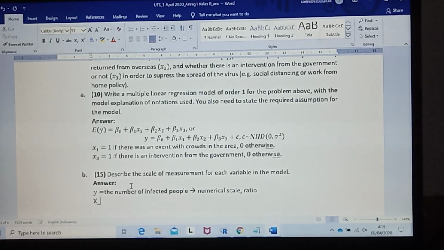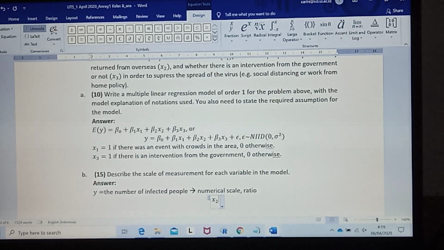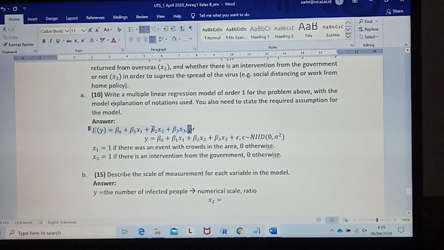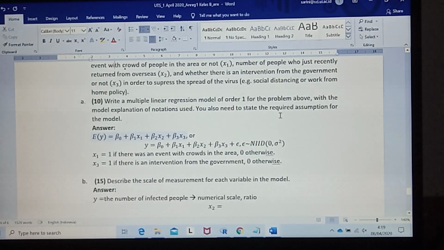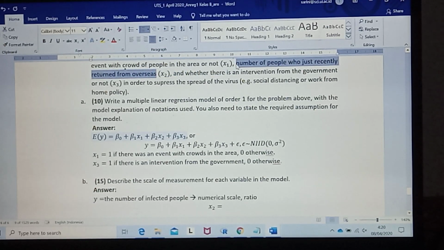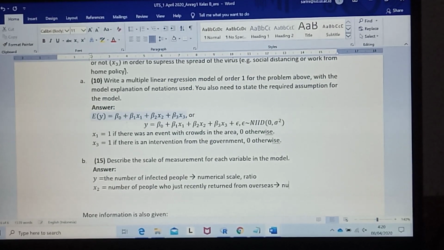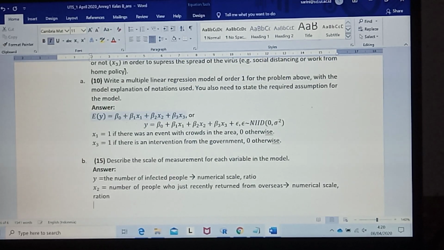And x2 is the number of people who just recently returned from overseas. So this is also a numerical scale, more specifically a ratio scale.